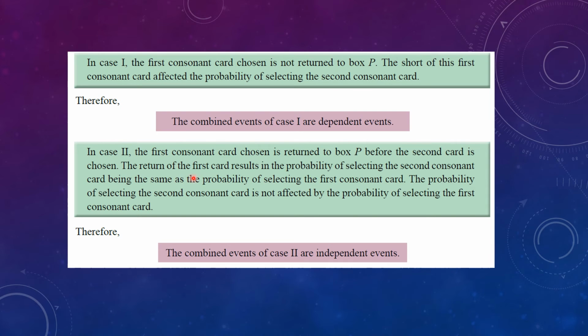The return of the first card results in the probability of selecting the second consonant card being the same as the probability of selecting the first consonant card. The probability of selecting the second consonant card is not affected by the selection of the first consonant card. Therefore, the combined events of case 2 are independent events.